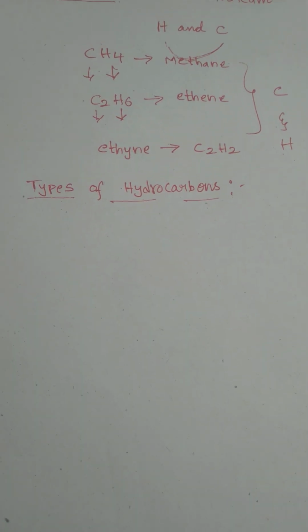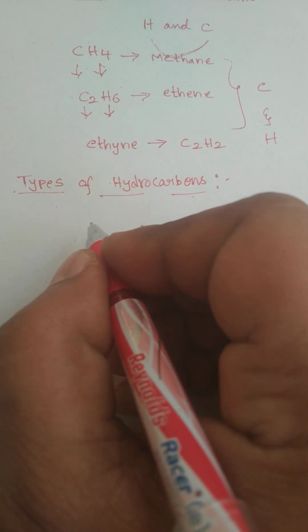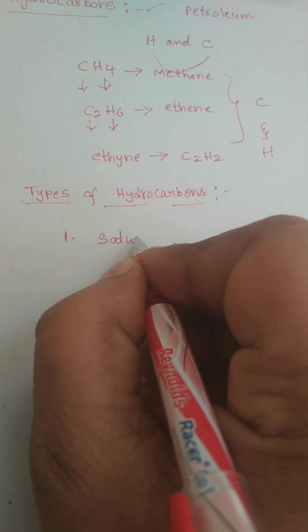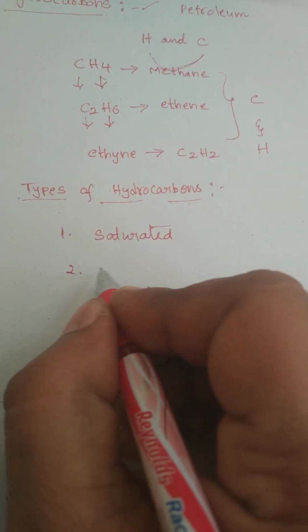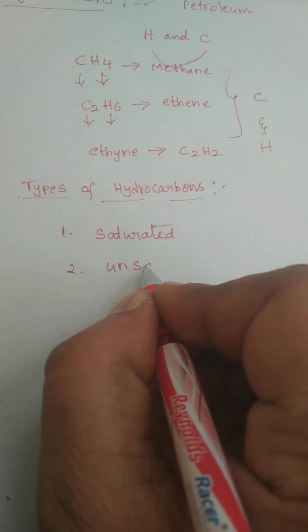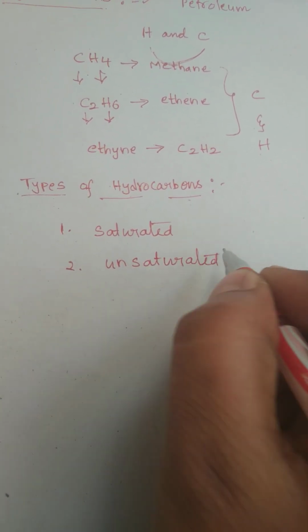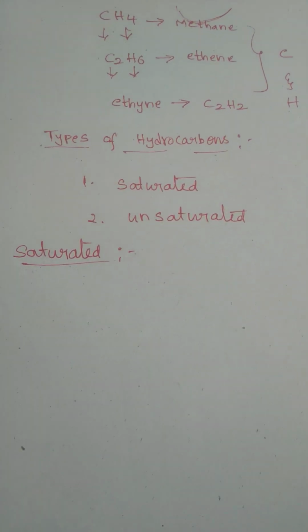Now let us discuss types of hydrocarbons. Hydrocarbons are of two types. The first one is saturated hydrocarbon and the second one is unsaturated hydrocarbon. Now, what do you mean by saturated hydrocarbons?